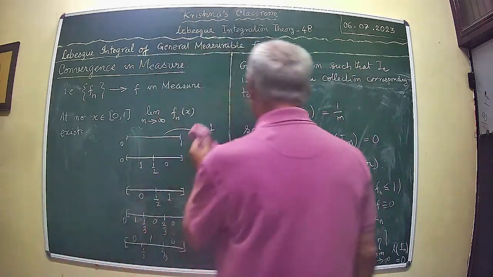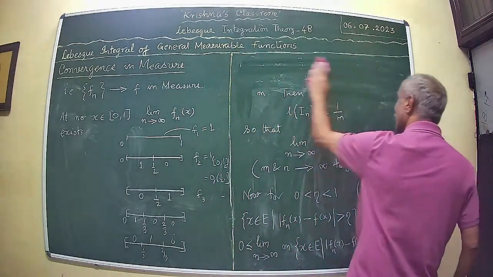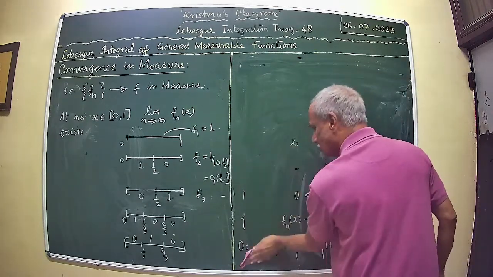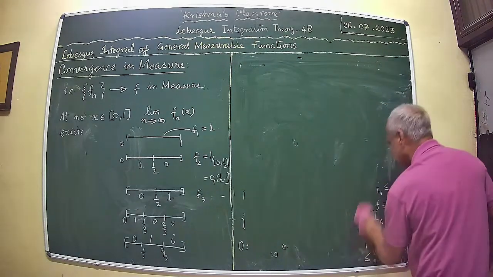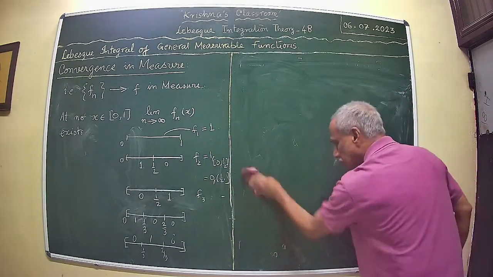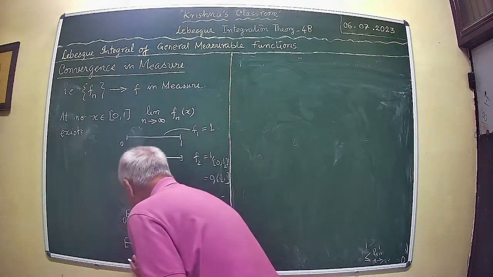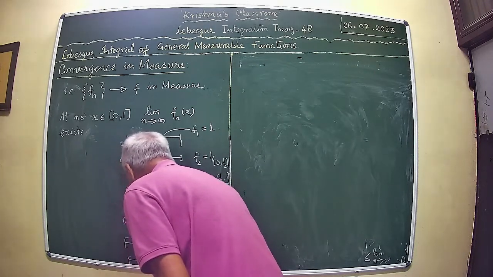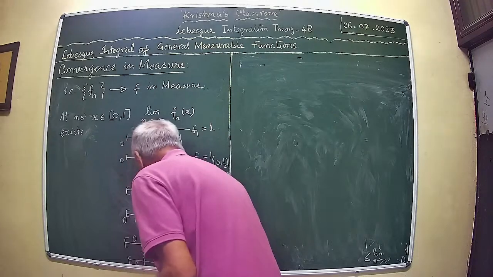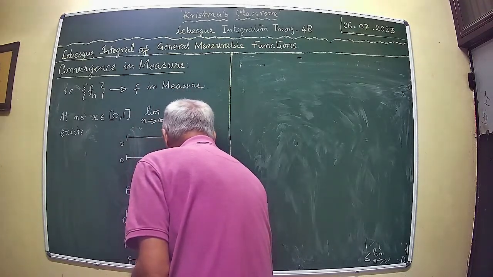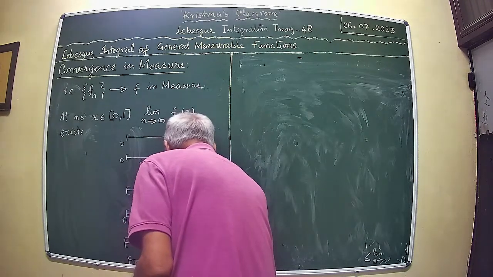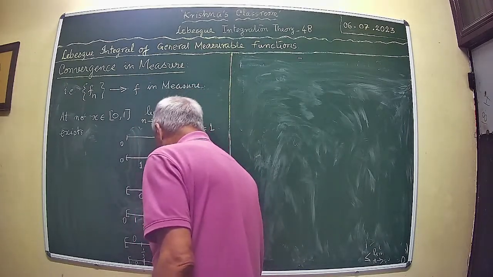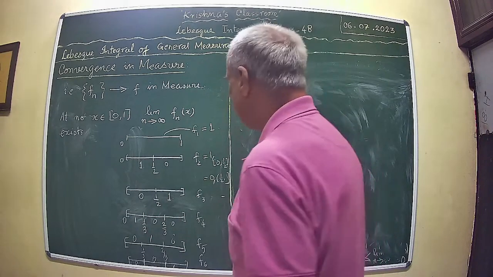F6 is going to be, I'm just trying to give you an idea. See, F6 is again a breakup of the same kind, and it is 0 here. This is F4, F5, F6. 0 here, 0 here, 1 here. 1 over here.